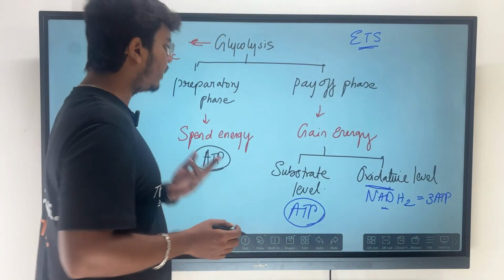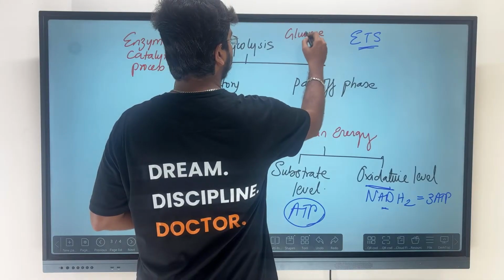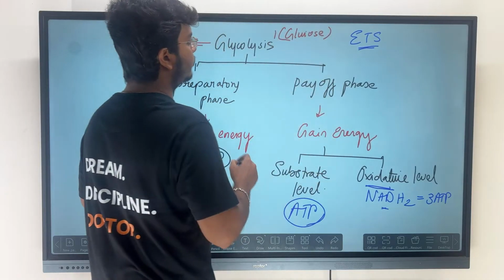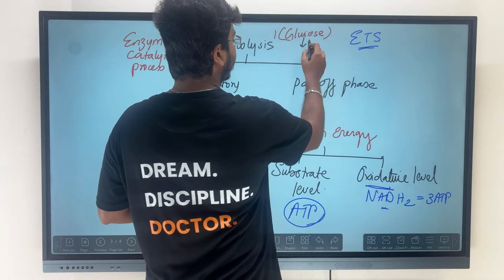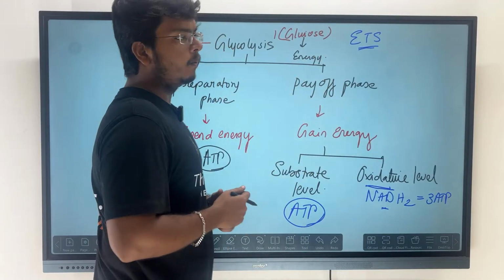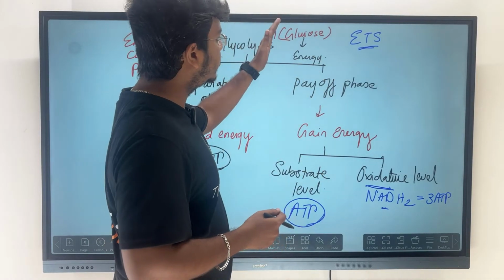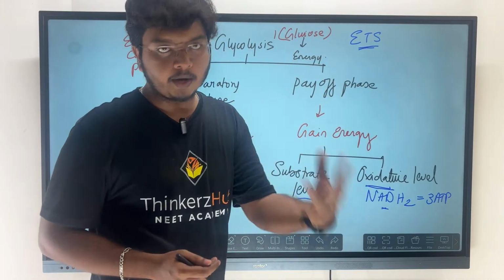You may ask me why. Consider I have one molecule of glucose. If I break this glucose, I'll get some amount of energy. But what I'm going to do is break this glucose in small steps, and so I will gain more energy.